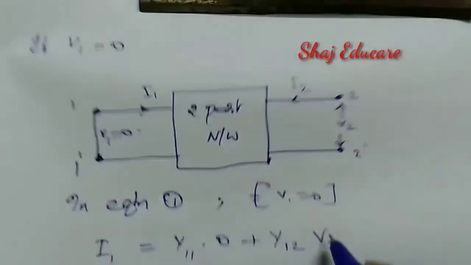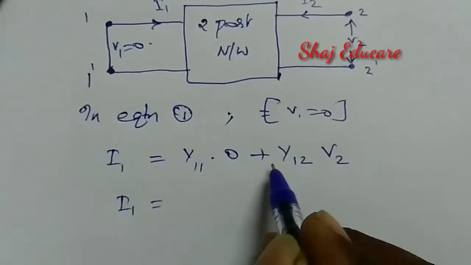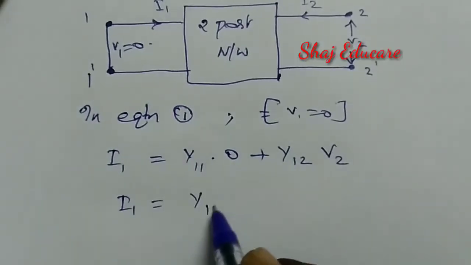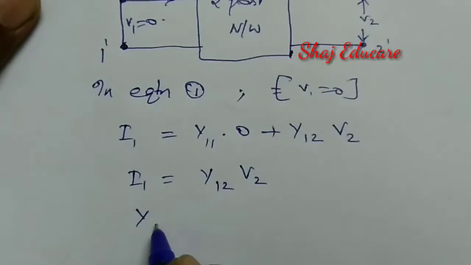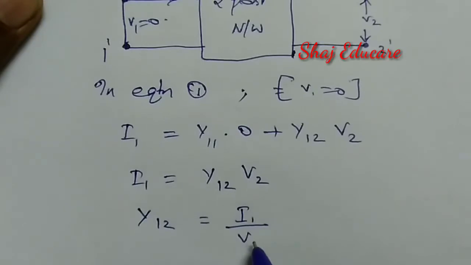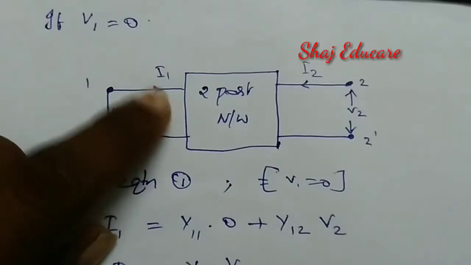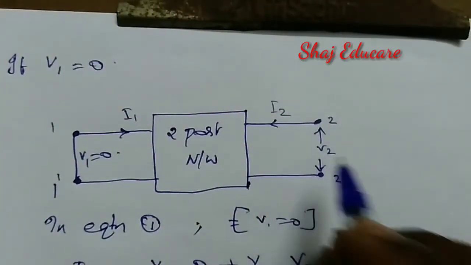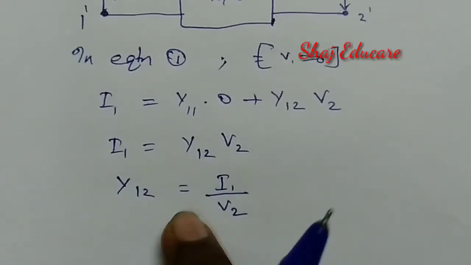Now the first term will vanish. The remaining term will be I1 is equal to y12 into V2. From this expression, we can find the expression for y12, that will be I1 by V2. Here I1 belongs to port 1 dash, the input port, whereas the voltage V2 belongs to the output port 2 dash. So this y12 will be, of course, a transfer admittance.